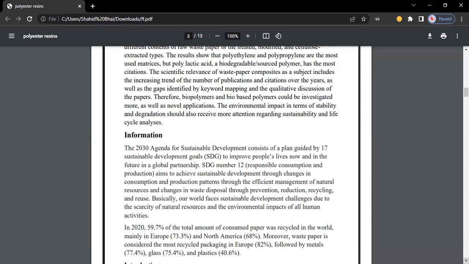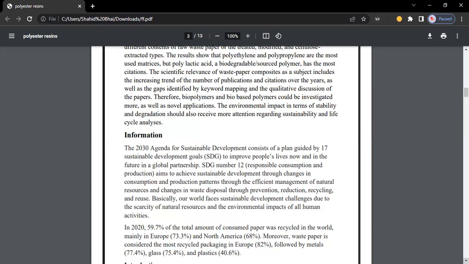It means that there are 17 goals in total, and number 12, responsible consumption and production, aims to achieve sustainable development through changes in consumption and production patterns, through efficient management of natural resources and changes in waste disposal through prevention, reduction, recycling, and reuse. Basically, our world faces sustainable development challenges due to the security of natural resources and the environmental impact of human activities.